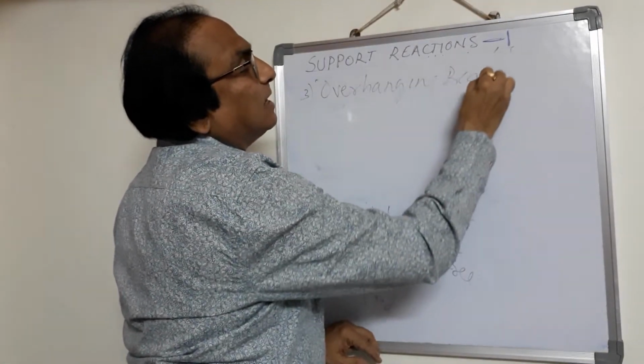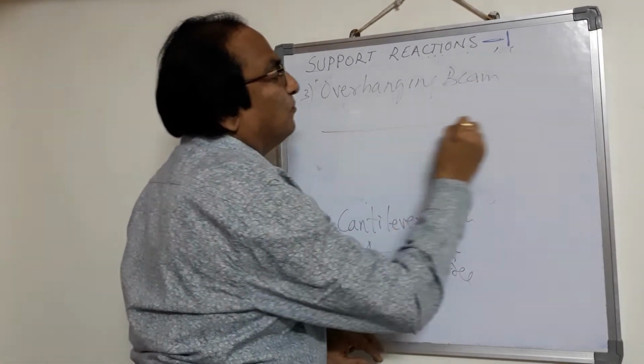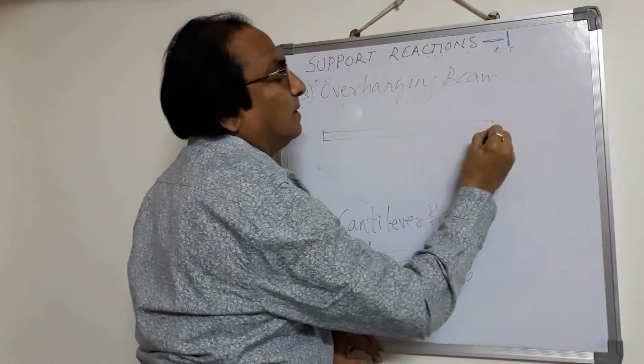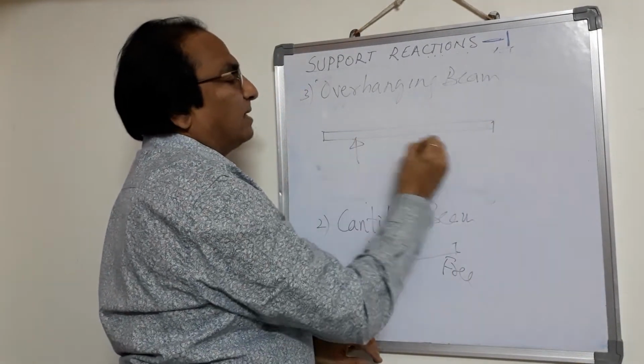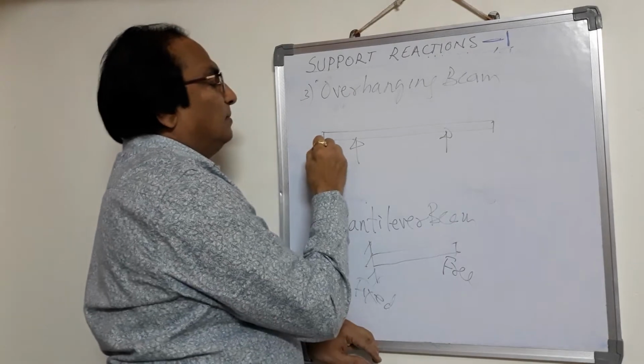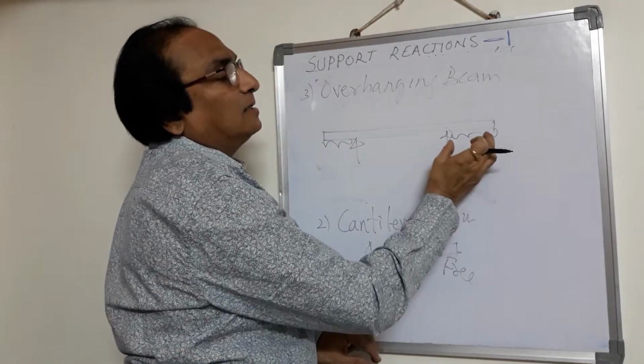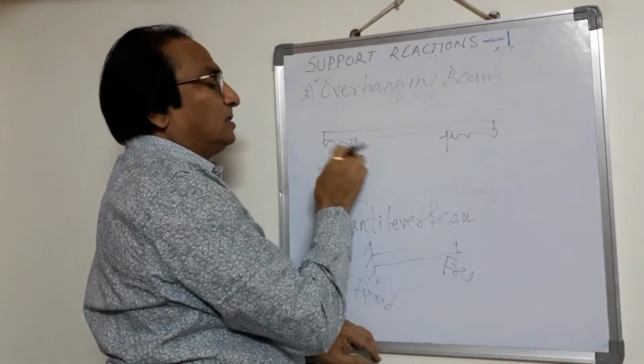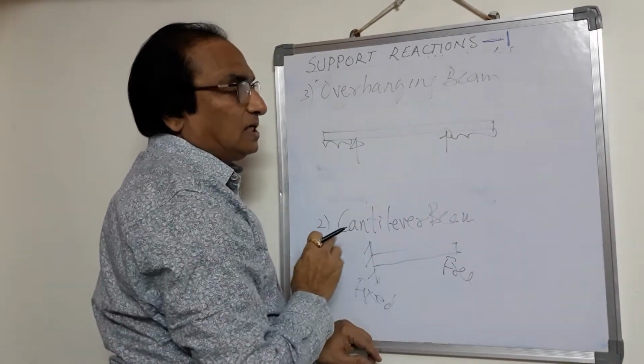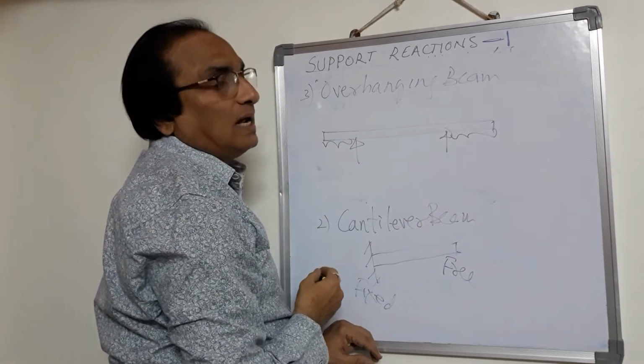This is also a type of simply supported beam, but you find if this is a beam, the supports will be somewhere here in between. So they will be overhanging on this side and overhanging on the other side. Either the overhanging can be this side or both the sides. So such a type of beam we call it as an overhanging beam.